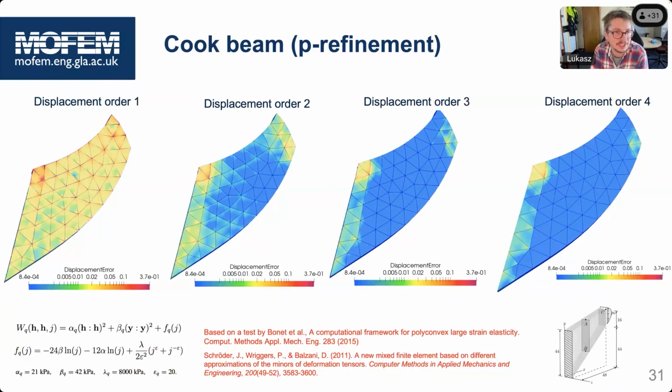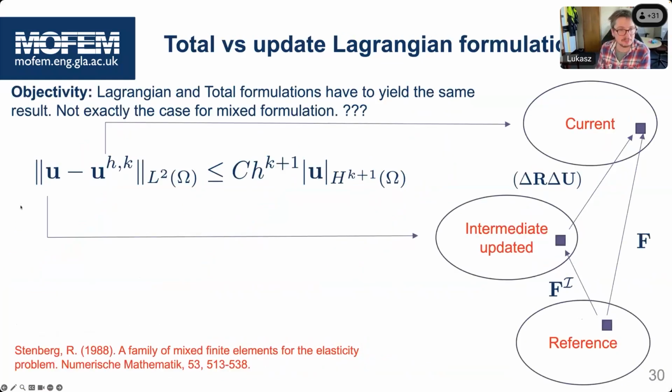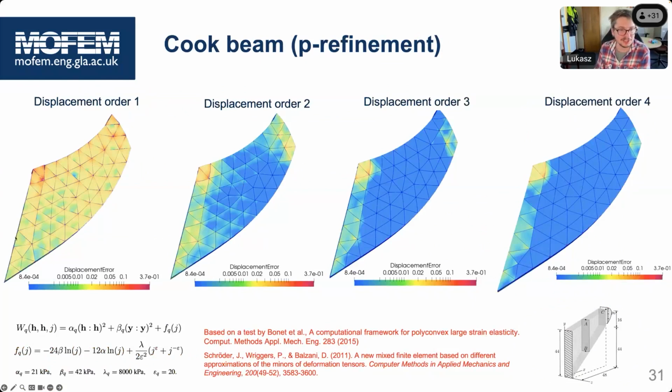Okay, so now I will show you quickly how it works. For example, when you have the classical Cook beam problem and you do p-refinement, you can exploit that to calculate the norm, so we get the solution with increasing approximation order. The Cook beam is nasty because there is a singularity along that edge. You can see the error: we quickly remove the error in the middle, but we cannot reduce it over here.